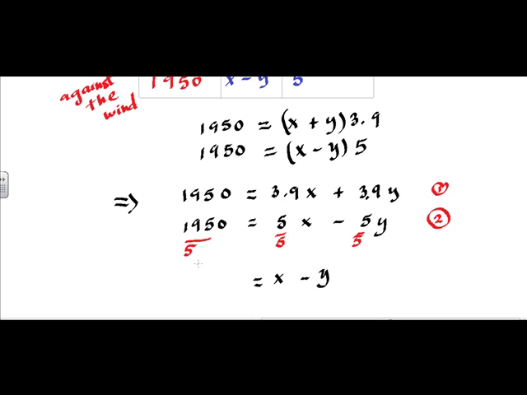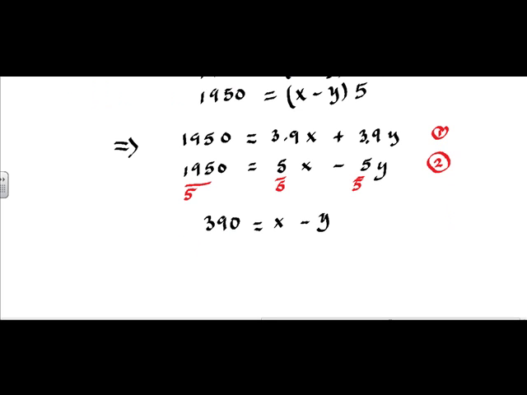Over here, I take 1950 divided by 5, and I have 390. So our system of equations, I can rewrite again. I have the first equation copied straight down, and the second equation simplified: 390 equal to x minus y.